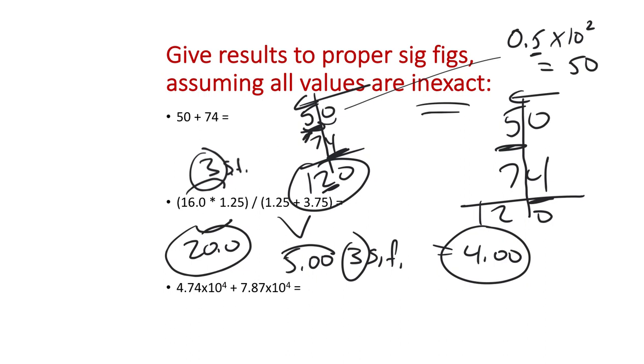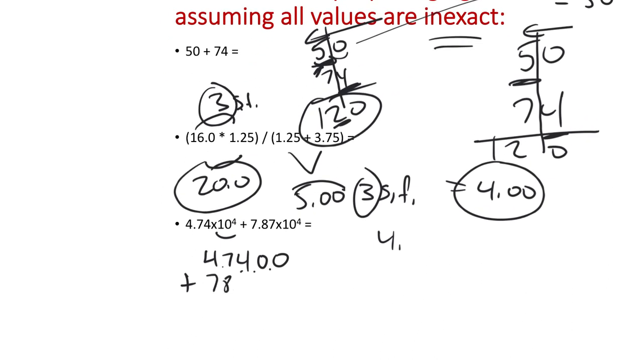This value here is slightly a tricky problem with the scientific notation, but not that tricky, because what I might do is just write these out explicitly. 4, 7, 4, 0, 0. So that will be times 10 to the 1, 2, 3, 4. And then if I add to that 78700, this number just written out explicitly, you see that we have the hundreds placeholder plus the hundreds placeholder.